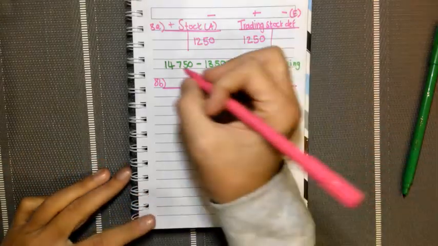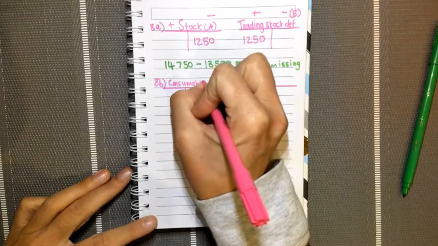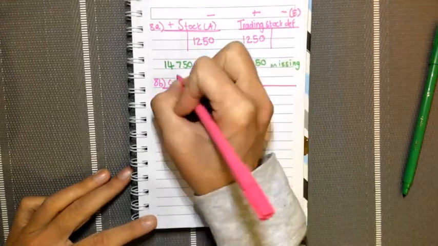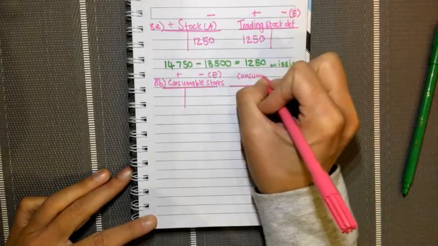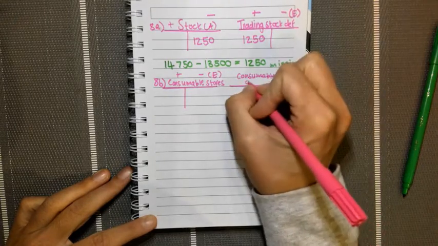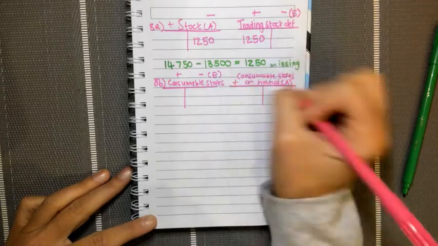So we have two accounts. We've got the expense account called consumable stores, and we've got the asset account called consumable stores on hand. Please don't get confused. On hand is the asset. It's what we have for next year.